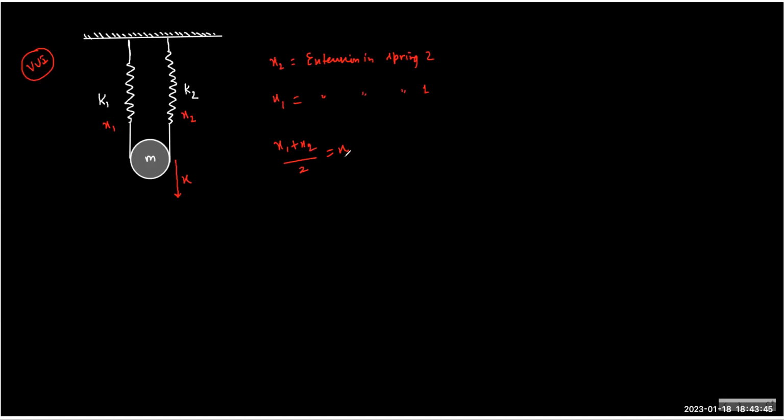What is the total overall extension of the string? x is a different variable we are trying to relate. I'm asking: if you stretch the first spring and second spring by x1 and x2, what is the total extension you have brought to this diagram? x1 plus x2.